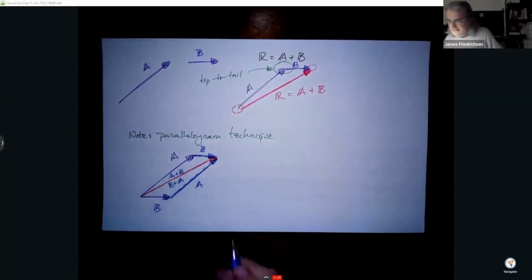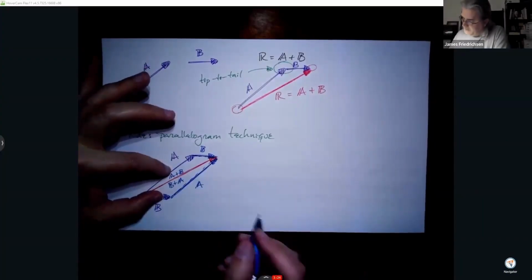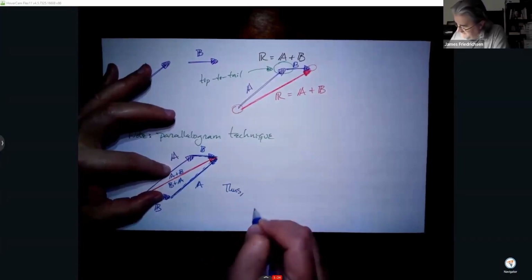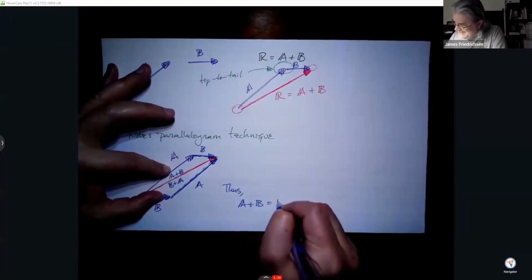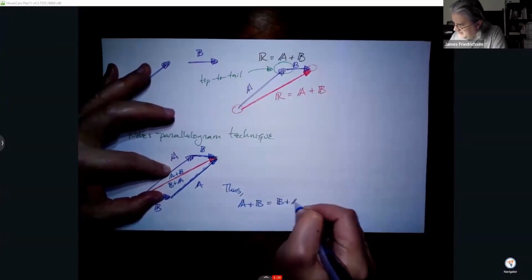And so technically, what we can see from this diagram is that vector A plus vector B is equal to vector B plus vector A.